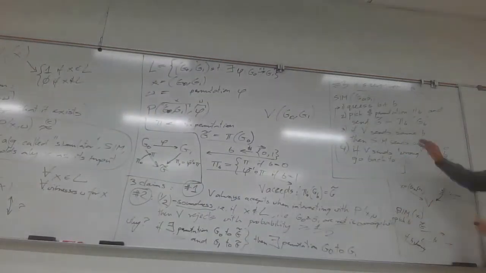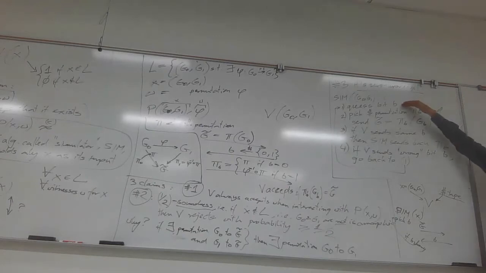Then, based on the assumption that he guesses this bit correctly, is this simulated view different from the real view? Basically, they're not, because in the run where the simulator guessed, the random bit was random. How did these messages look?